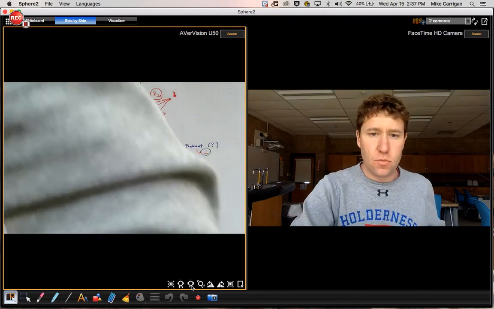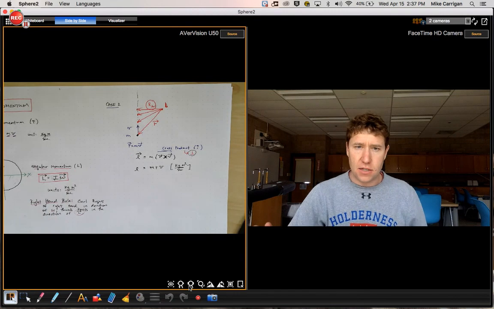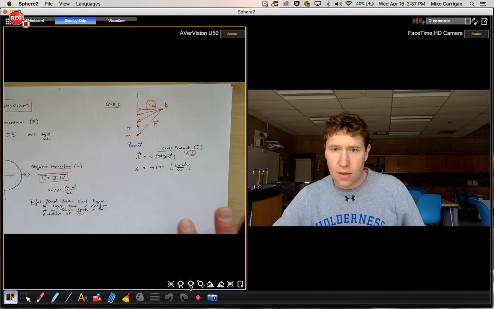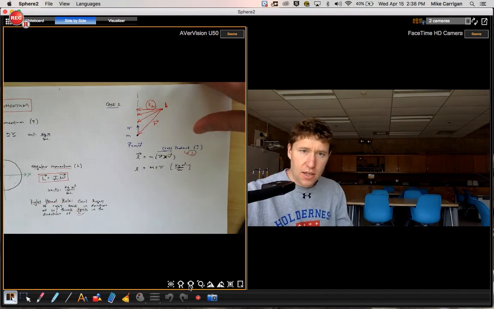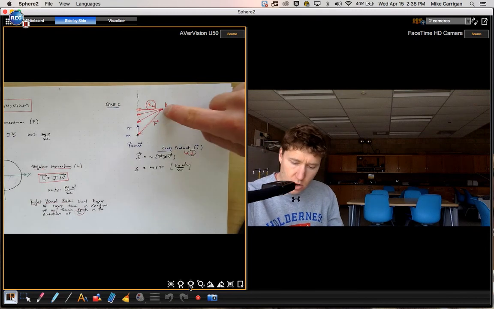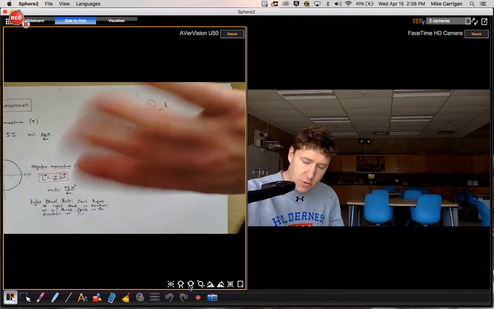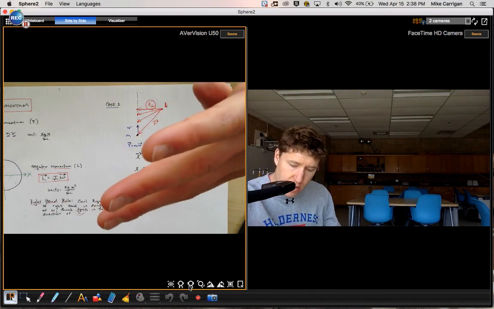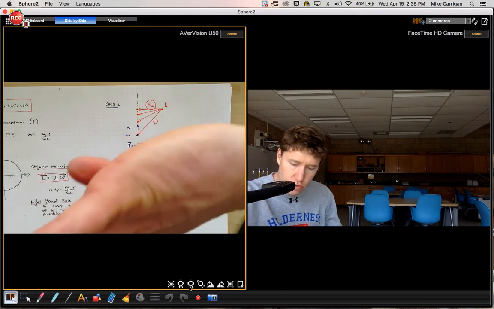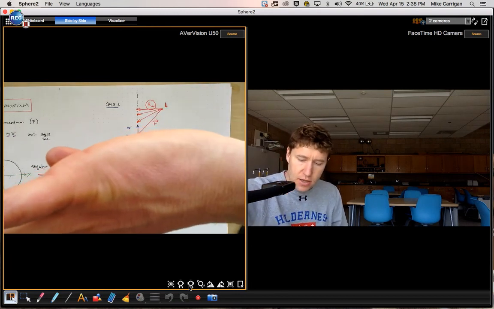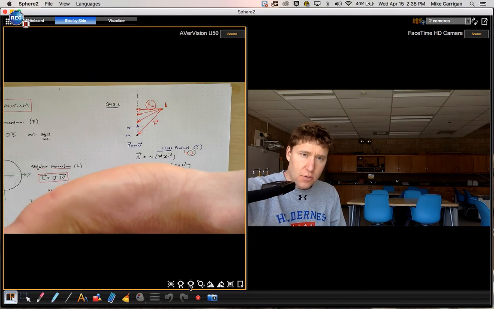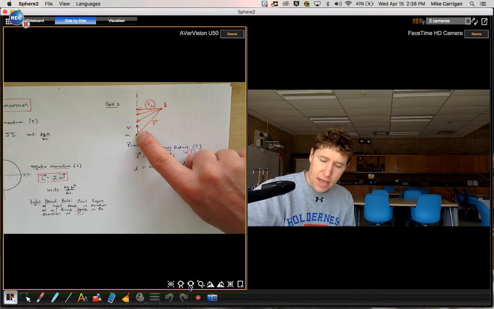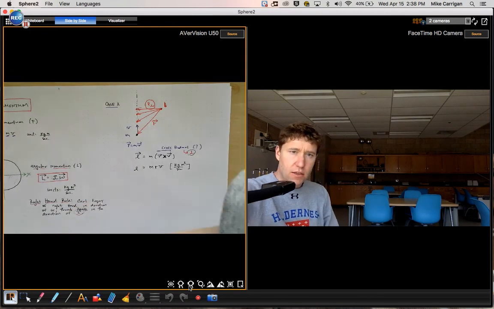I'm going to take my right hand, and point my fingers in the direction of R, which is actually rather difficult to do. I have to rotate my whole body, I think. R is pointing down and to the left, so I point my fingers down and to the left. Then I imagine how I would move my fingers to curl them into the direction of V, which is up.